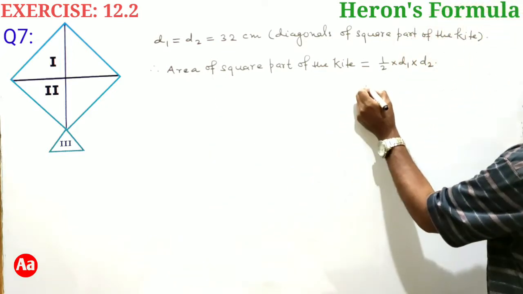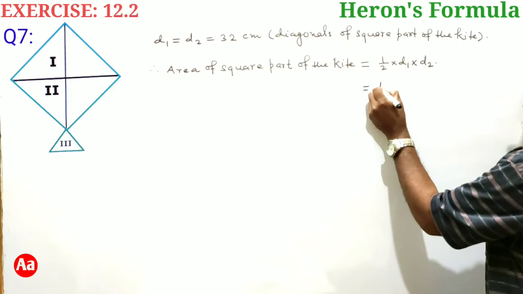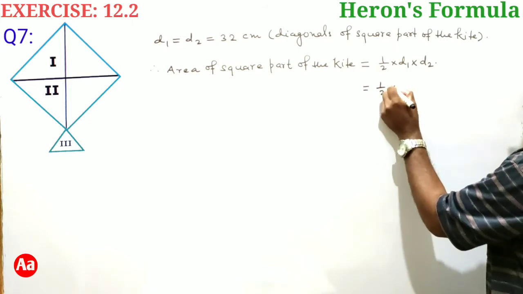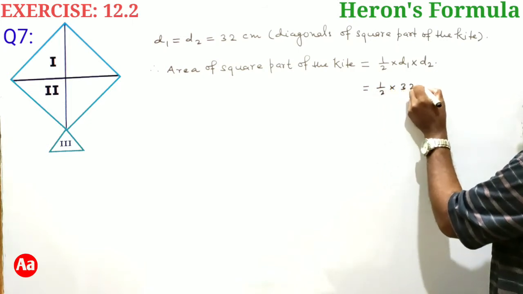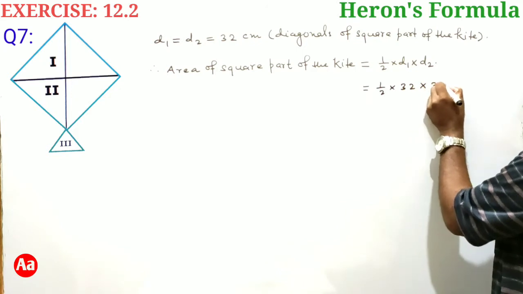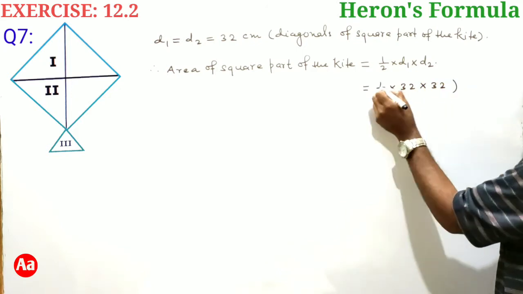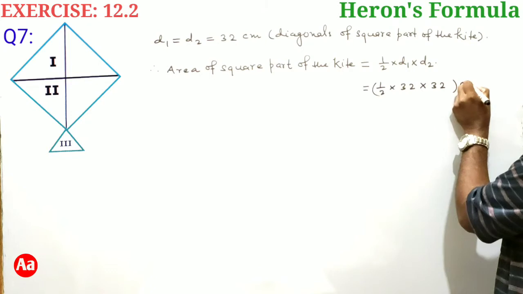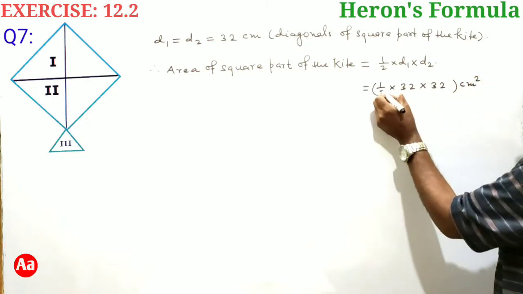So let's find half into 32 into 32 centimeter square.